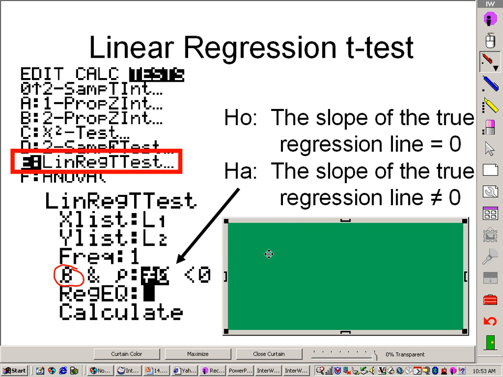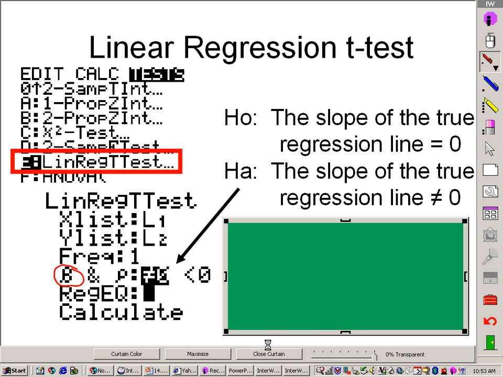Now let me explain the calculations. H0 represents the slope of the regression line. If the slope of the regression line is 0, in essence, that means there is no correlation, no relationship between these two variables.